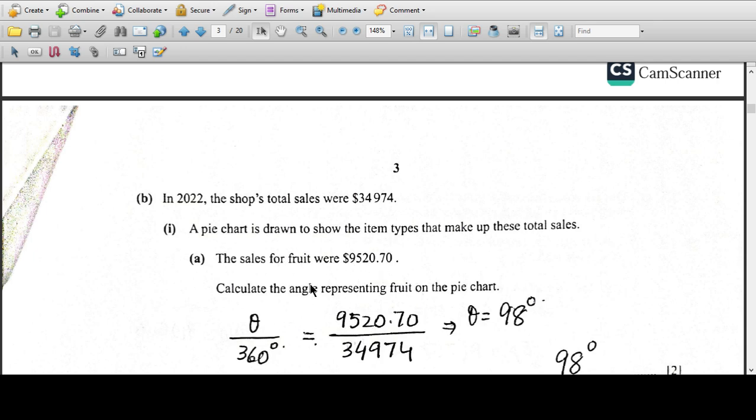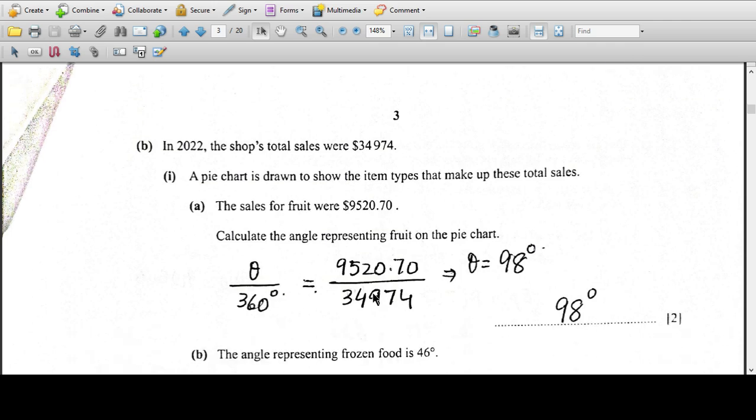Taking this directly proportional relation, 360 corresponds to the total sales, and the fruit sales correspond to theta, because the fruit sales are part of the total sales. So the theta value is obtained as 98 degrees.